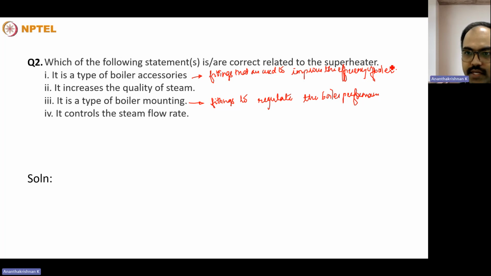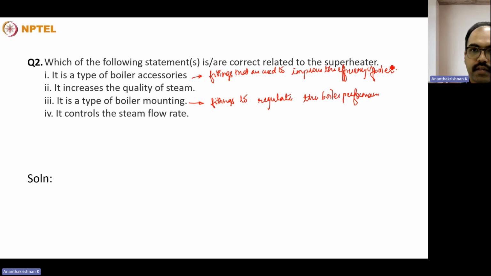So basically, superheater is a kind of accessory that improves the efficiency of the boiler. What happens is that we are heating the steam to ensure that the steam that enters the turbine is at a higher temperature.